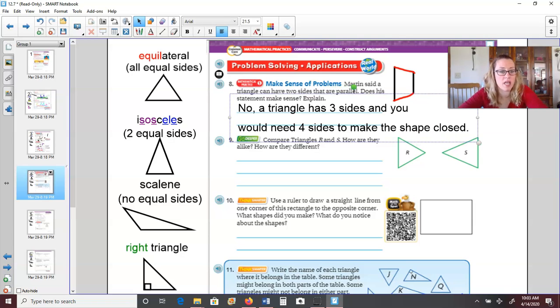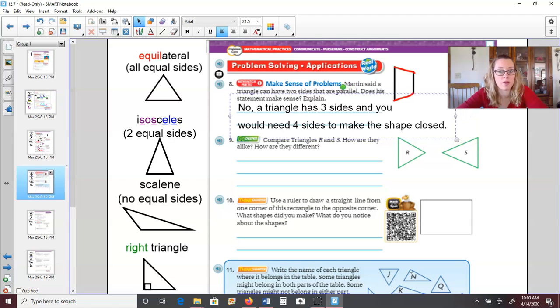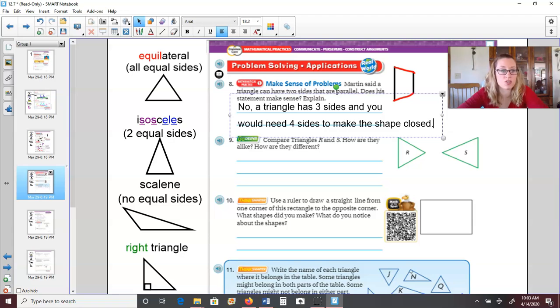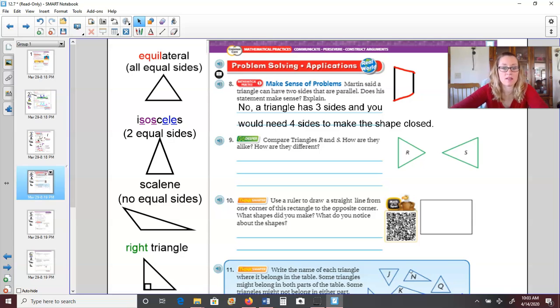Something along those lines. You know, you could say a triangle has 3 sides, so it would be open. It wouldn't be closed if you added a 3rd side to your parallel lines. Basically, he can't make a triangle that has parallel sides.